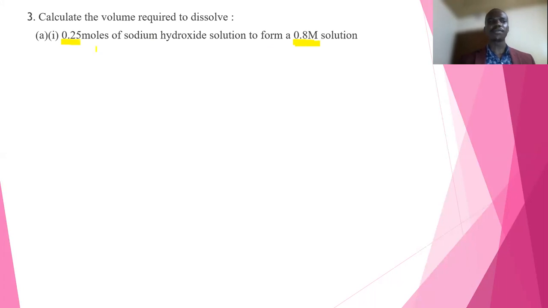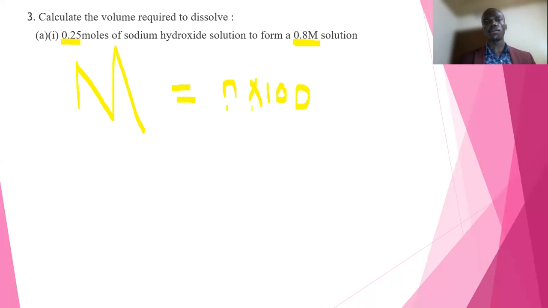Simple, just come to the formula, you write that molarity is given by the number of moles times 1,000 over the volume of the solution. So from here, this is what we want.